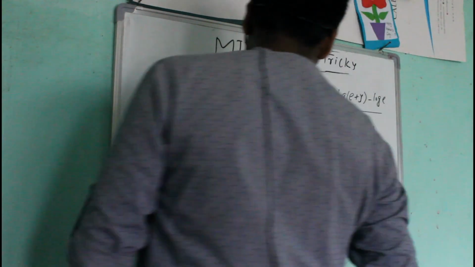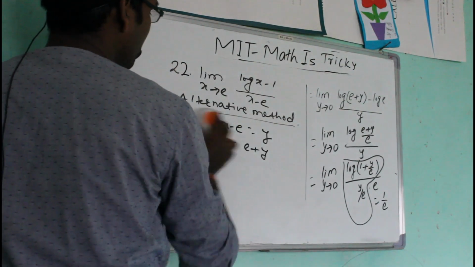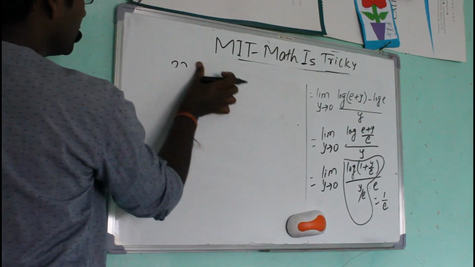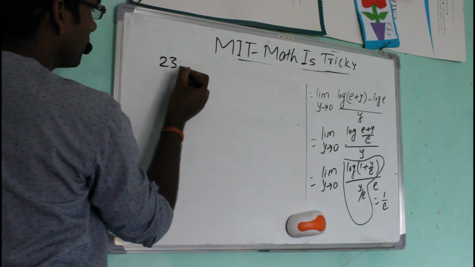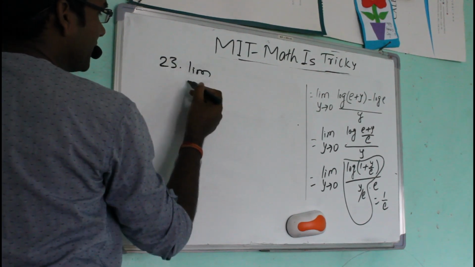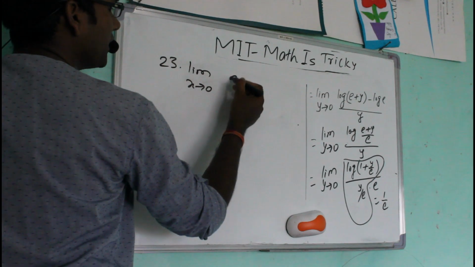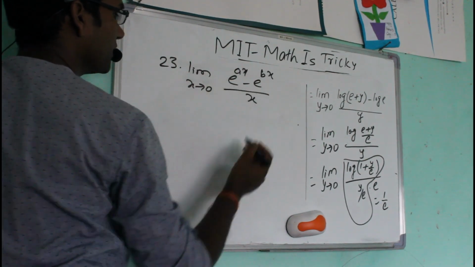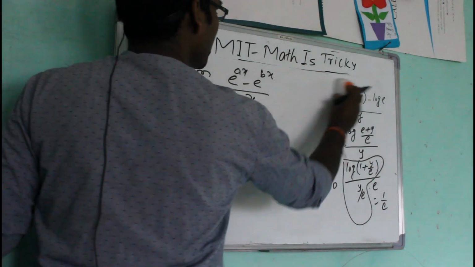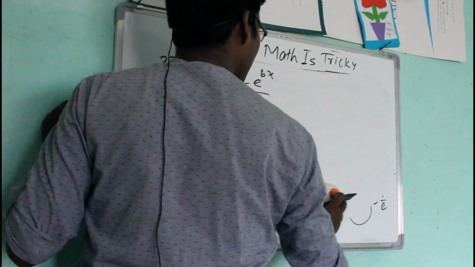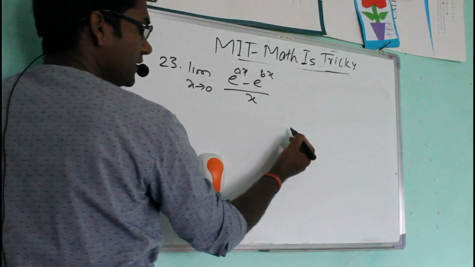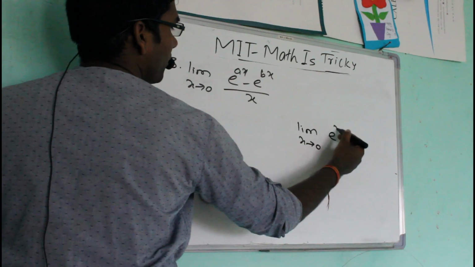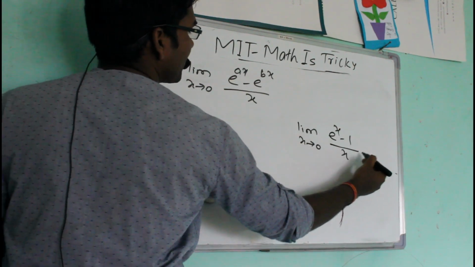Let's solve the next problem. Question number 23. Limit x tends to 0 of (e power ax minus e power bx) by x. So in this case I'm going to use a formula: limit x tends to 0 of (e power x minus 1) by x equals 1.